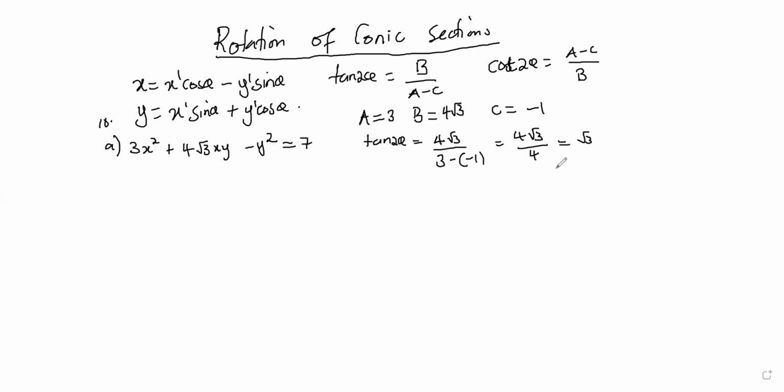Meaning that, what's our 2 theta? It will be the tan inverse of root 3, which is which angle now? It's 54.74.